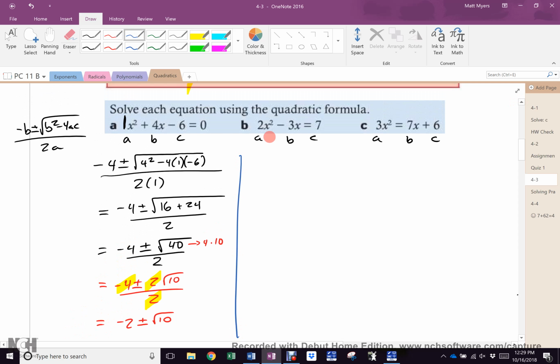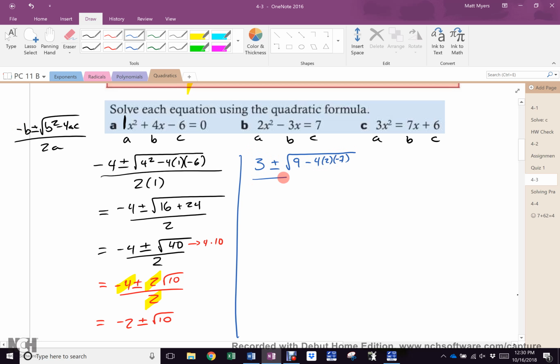B. Again. Negative B. What's B in B? Negative B. So what do I write? Negative B. No. Because it's positive. Negative B. Positive 3 plus or minus the root of 9 minus 4 times what? 2 times negative 7. 2 times negative 7.